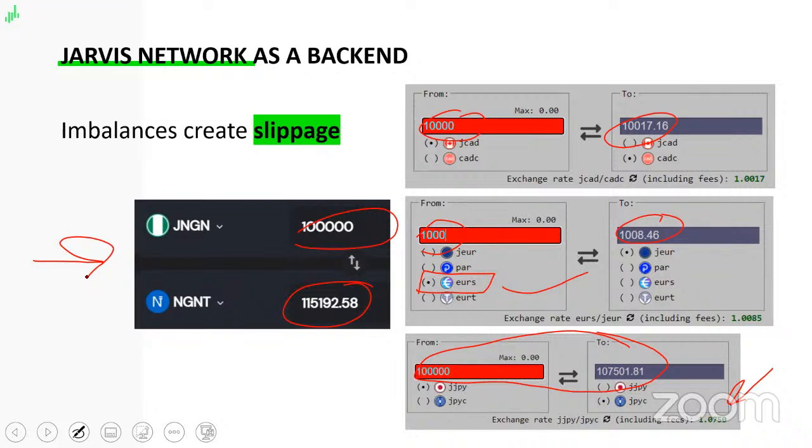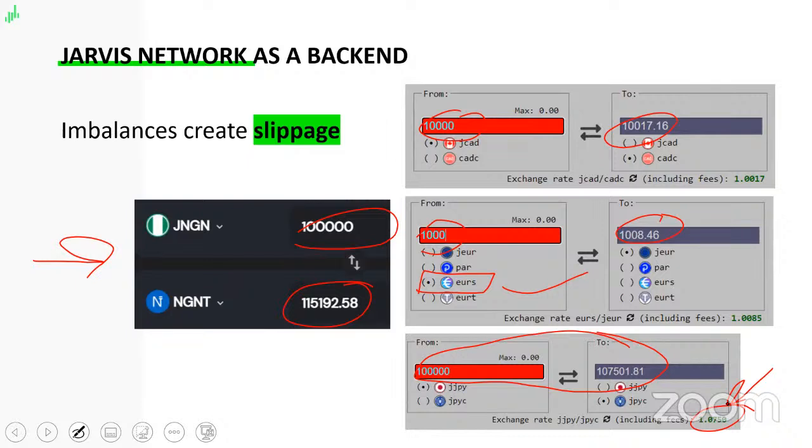So positive slippage, it's pretty cool because somehow you make more money, but it's not that easy. When you buy GPYC with a 7% discount, you may feel that, hey, I just made money. Yes, but no. And this is why imbalances are staying this way. Because as soon as you have bought GPYC, you can only do two things.